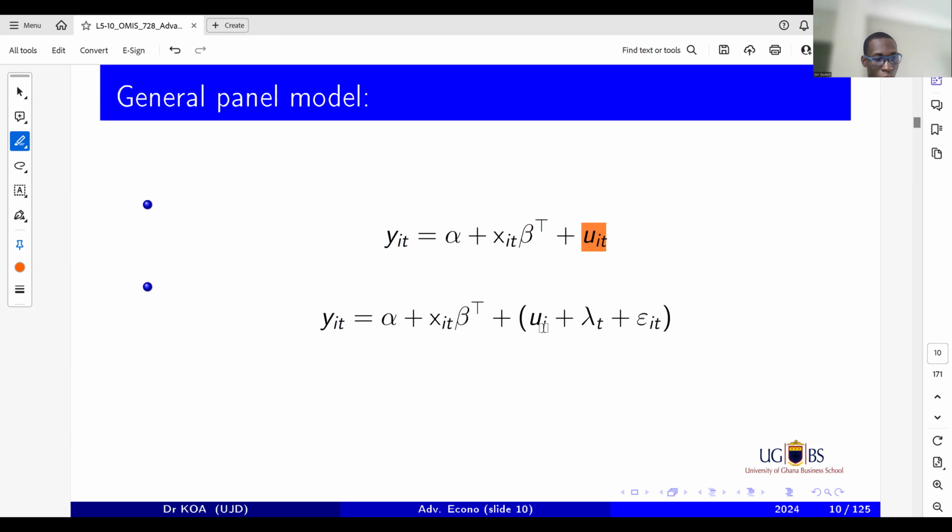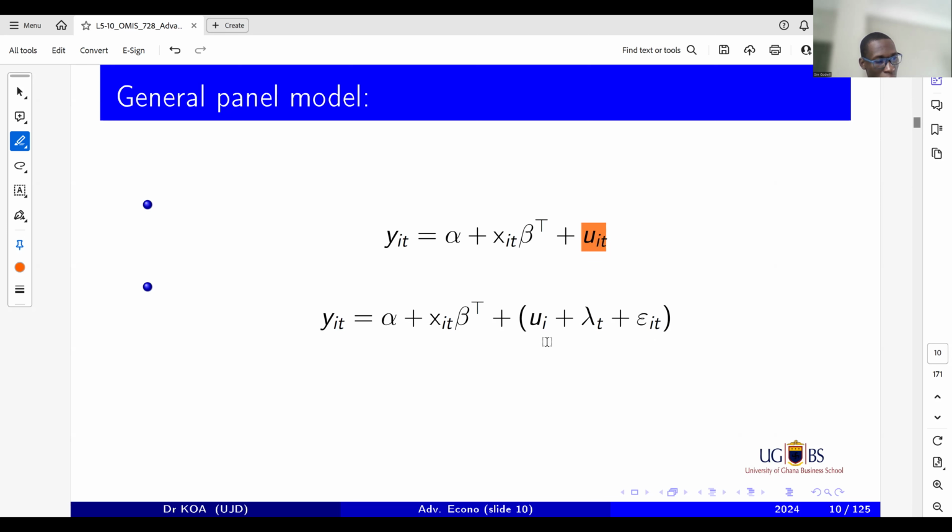The first one is the individual specific effect. The second one is the time dummies, or the time specific effect, that's lambda_t. And epsilon_it is the actual idiosyncratic noise, the true random error, the true unobserved heterogeneity.